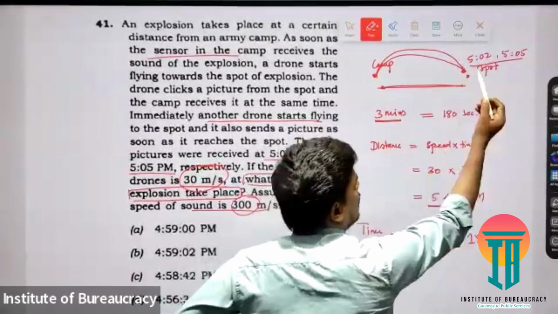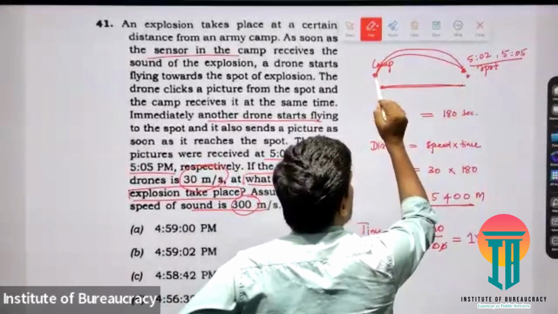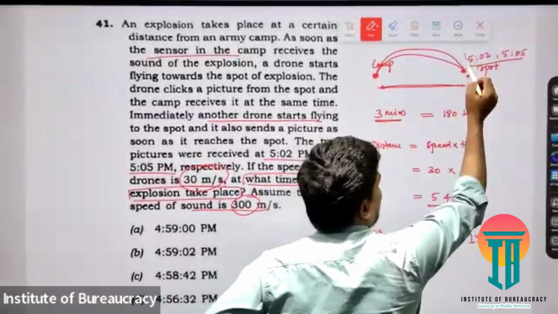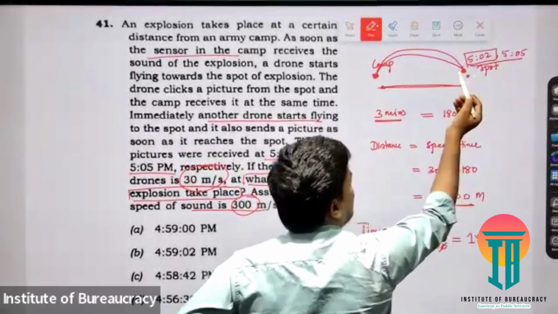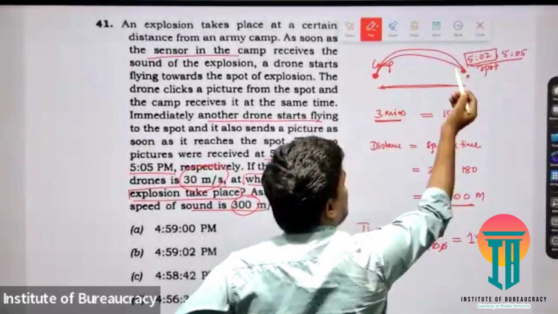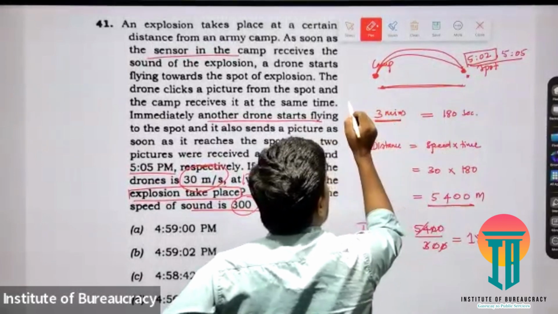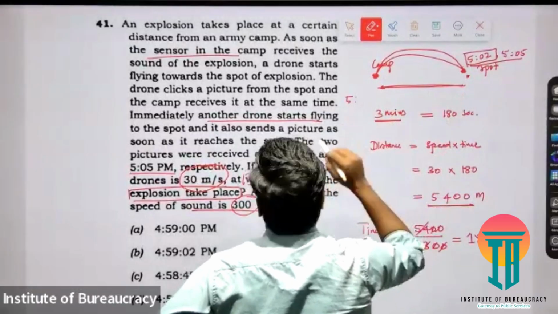Earlier we found that the time taken by the drone to reach from camp to the spot is 3 minutes. So the first time it took the photo at 5:02. That means the first drone would have traveled 3 minutes early, right? Therefore, the first time the drone would have taken 3 minutes less, if you take it, it is 5.